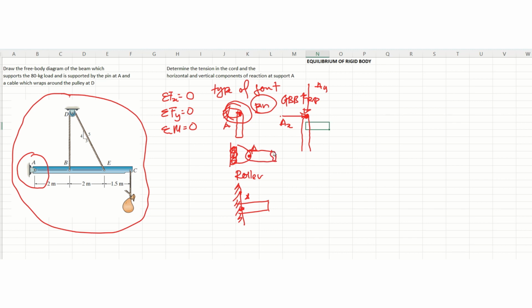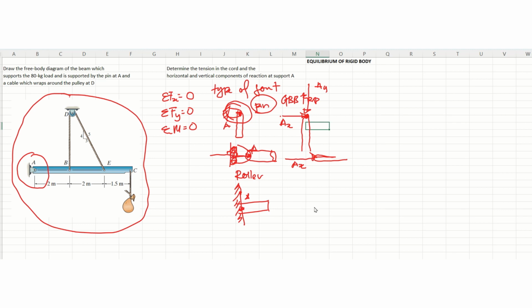For the roller, the force will be directed perpendicular to the surface of the roller. Only one force.